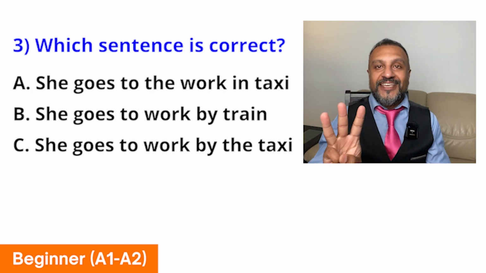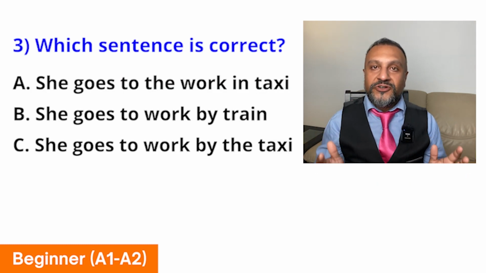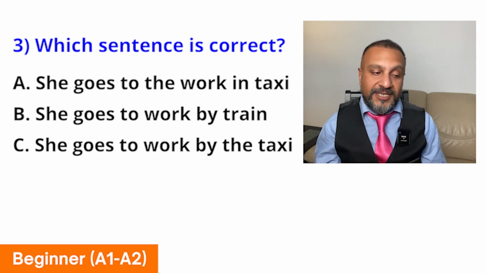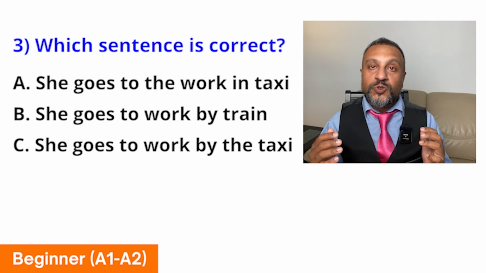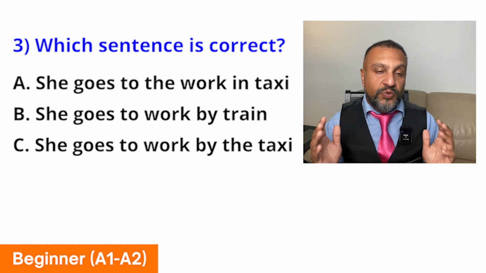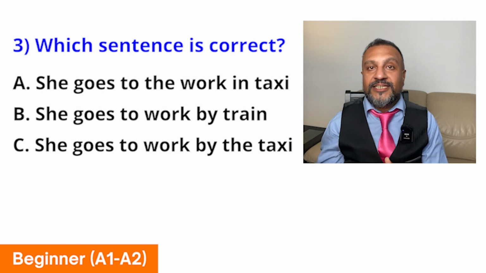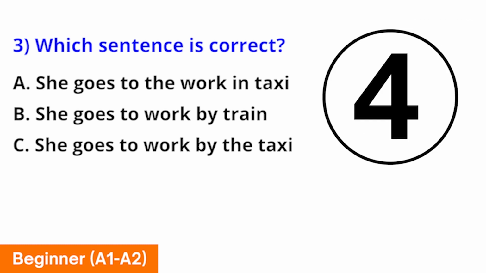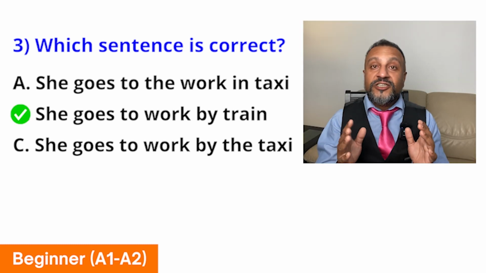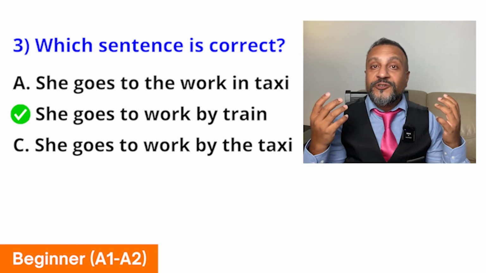Question 3. Which sentence is correct? She goes to the work in taxi. She goes to work by train. She goes to work by the taxi. The answer is she goes to work by train.